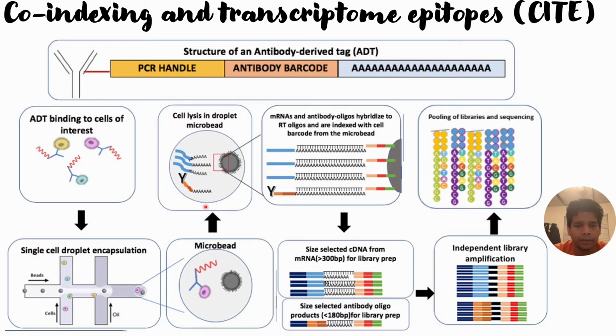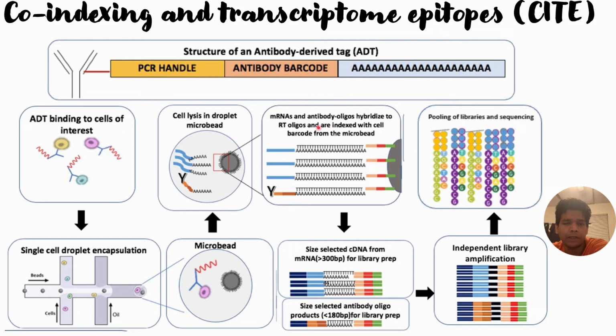Thereafter, cell lysis will be carried out within the droplet, and it will have both the barcode and the mRNA that is derived from the single cell. Thereafter, these beads will help in the hybridization of this mRNA with the oligos, and also with the barcode which is specific to these cells.